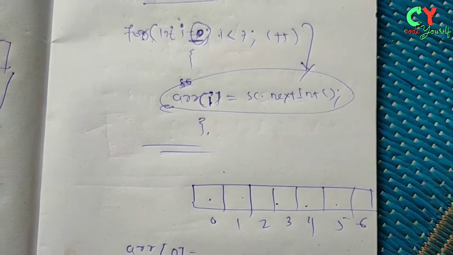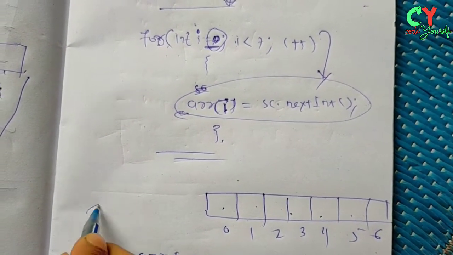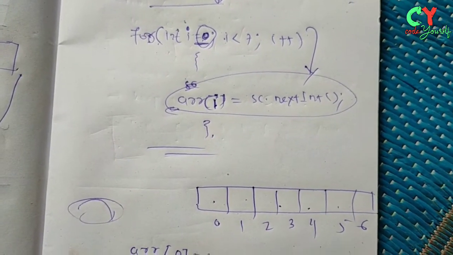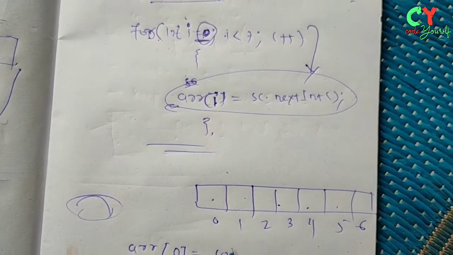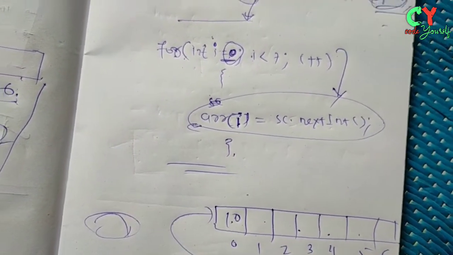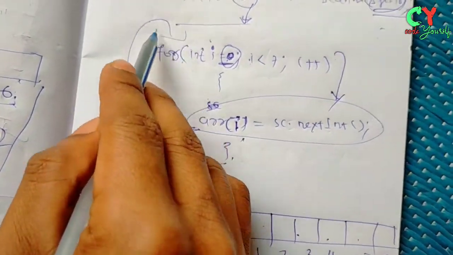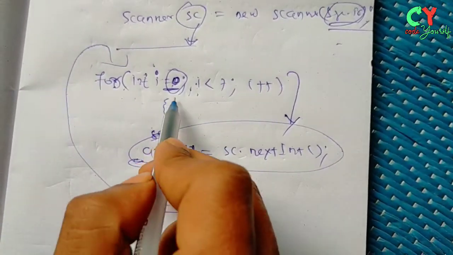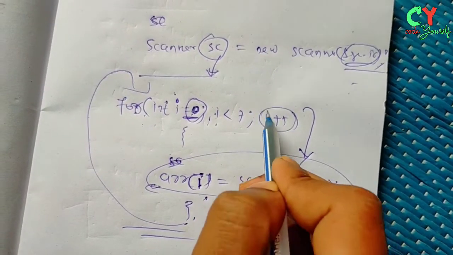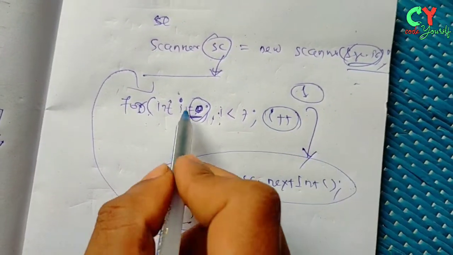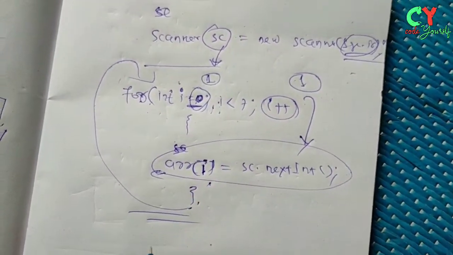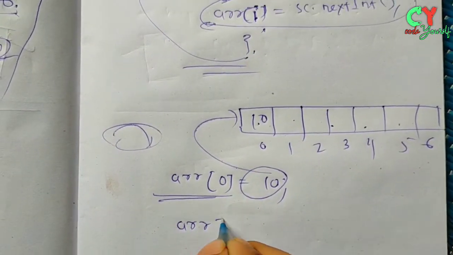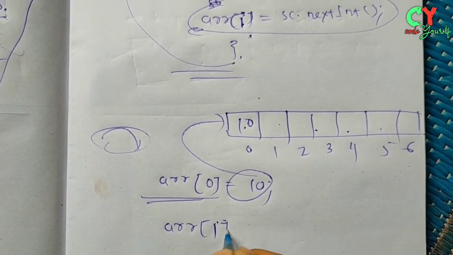For arr of 0, when the user gives some input, let's consider 10, then this 10 will be stored here. Then again the for loop starts, and i is incremented by 1. Then the value will be 1. Now arr of 1.